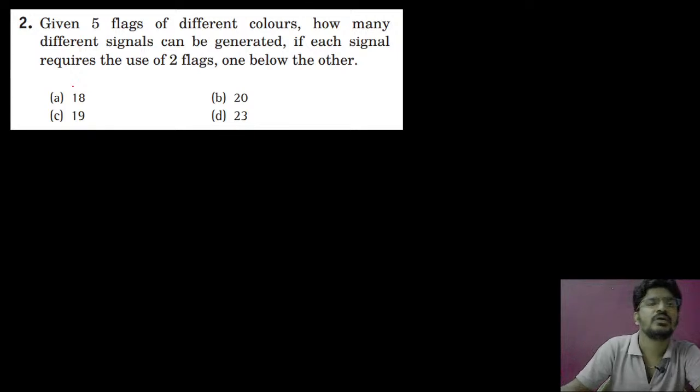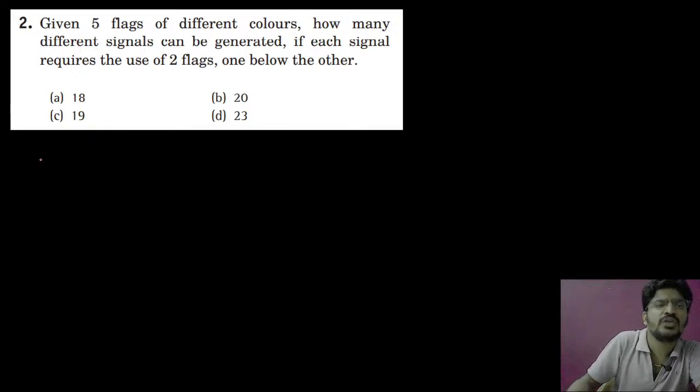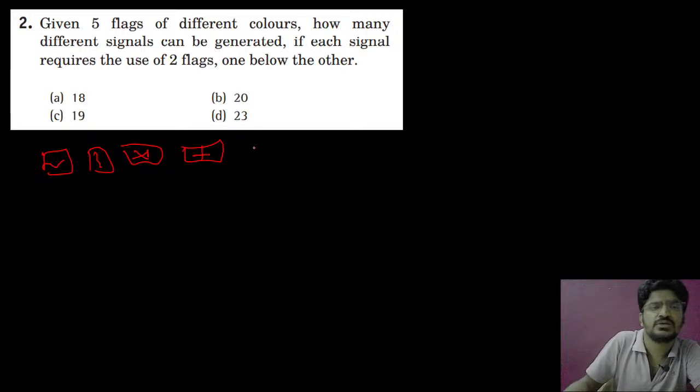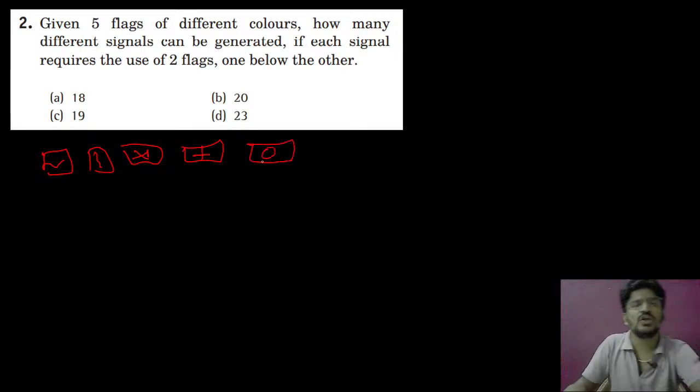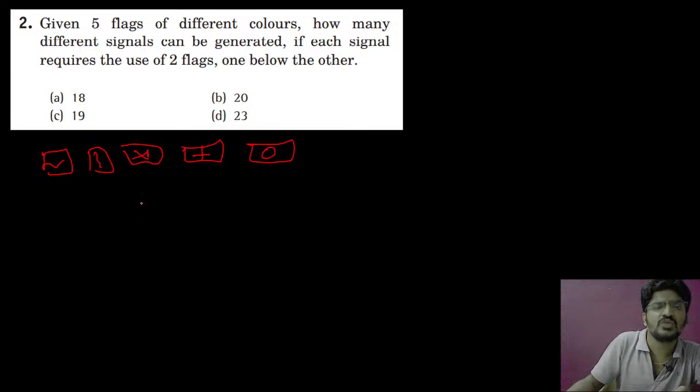Okay, so here you have 5 different flags. Clear? So now what I have to do: how many different signals can be generated if each signal requires using 2 flags?